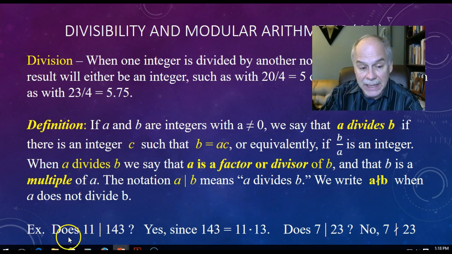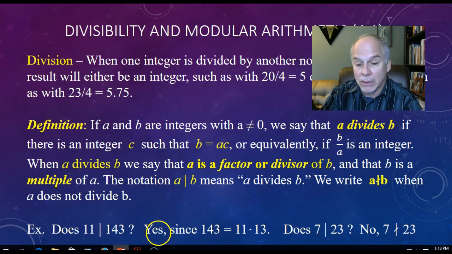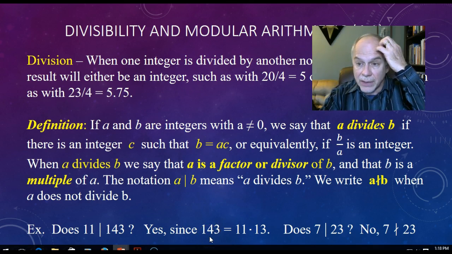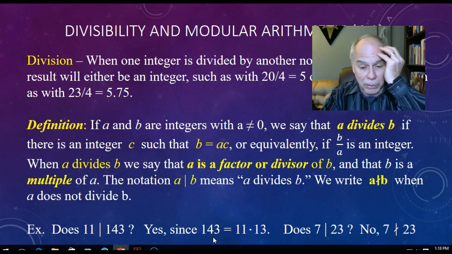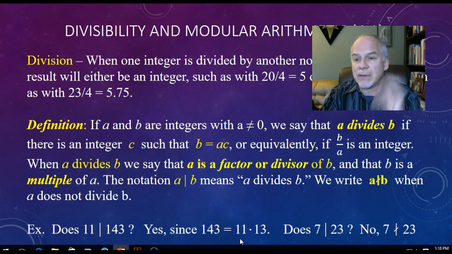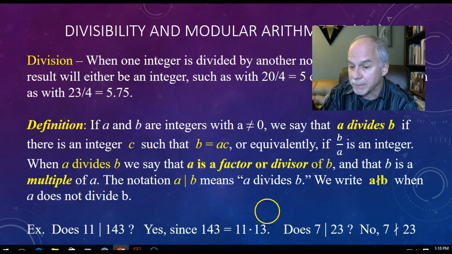So here's an example. Does 11 divide 143? Well, yes, if you look at this and play with the numbers, you see that 143 is 11 times 13. So 13 is like the C here. 11 is the A. So it is true that 143 is 11 times 13, so that must mean 143 is a multiple of 11, and so 11 divides 143.